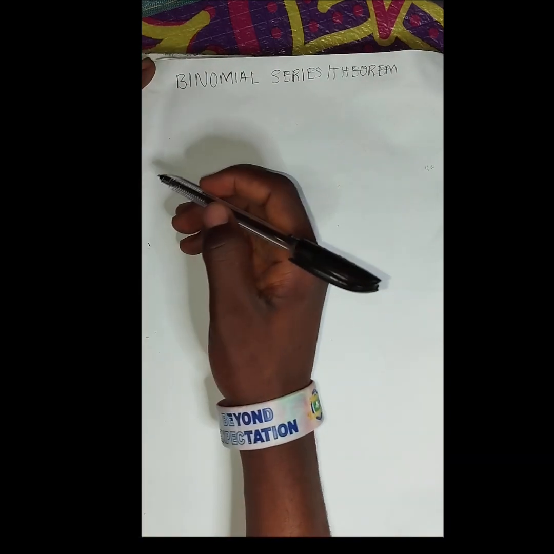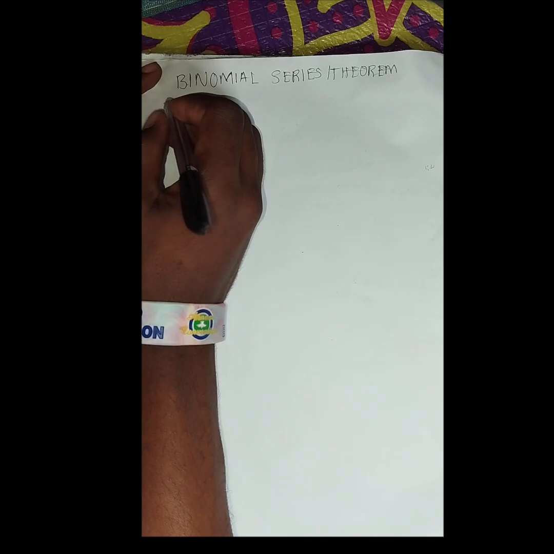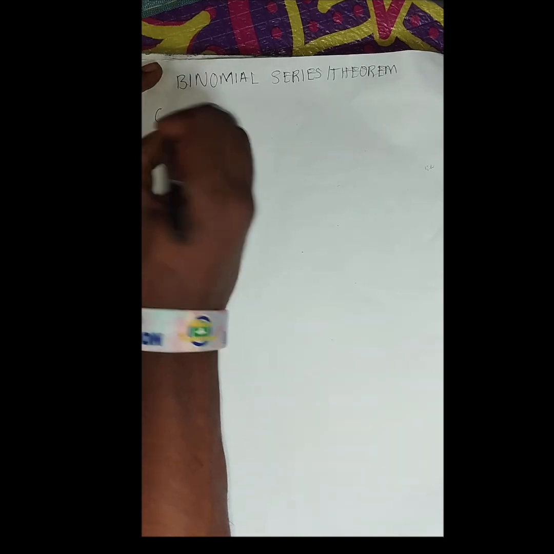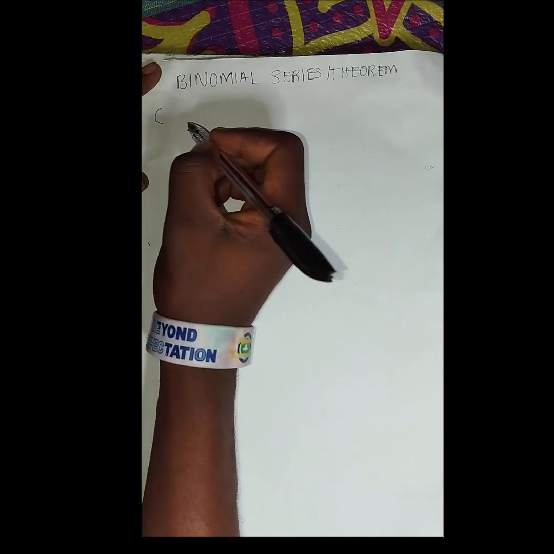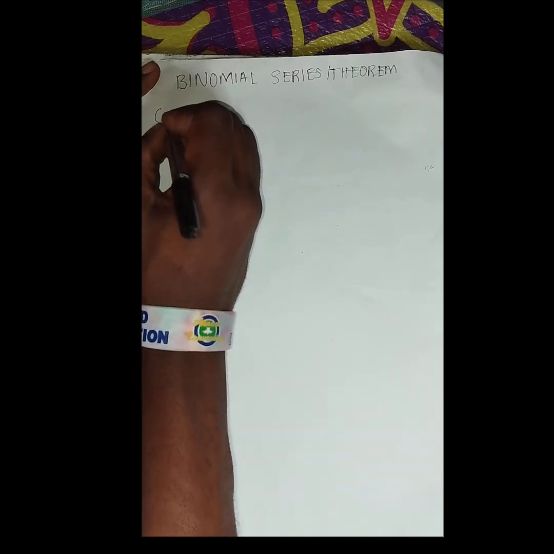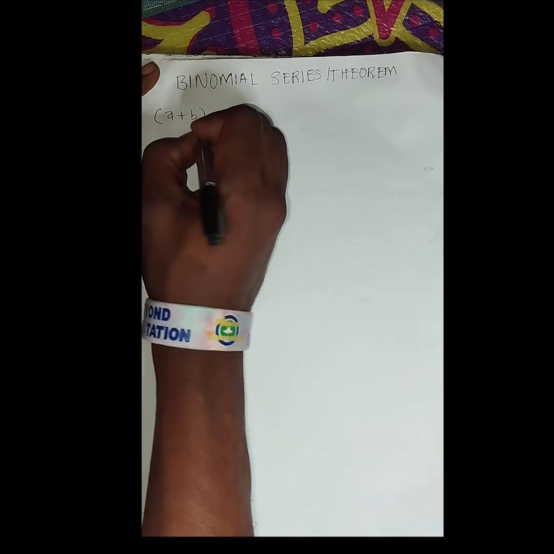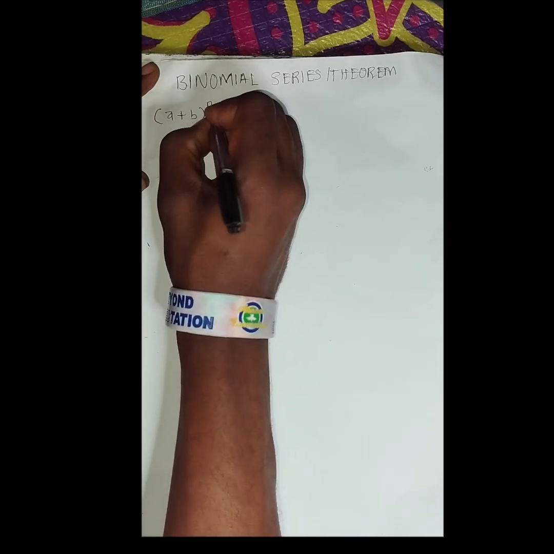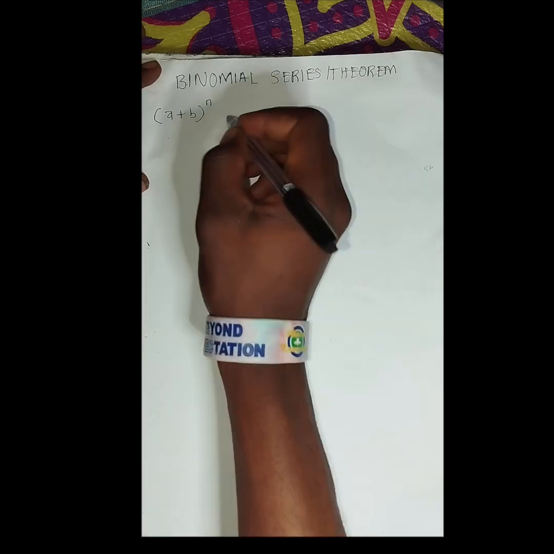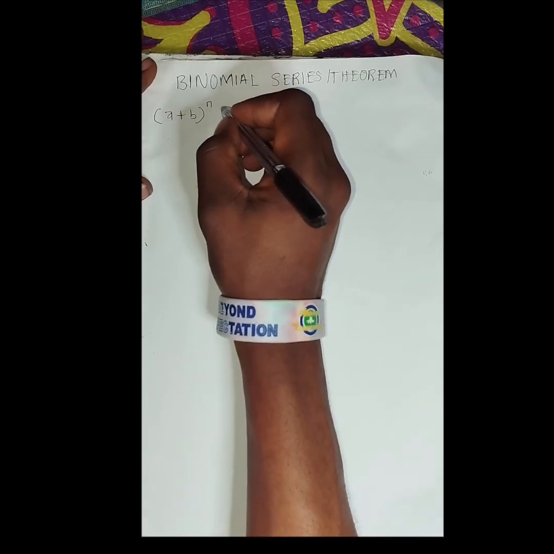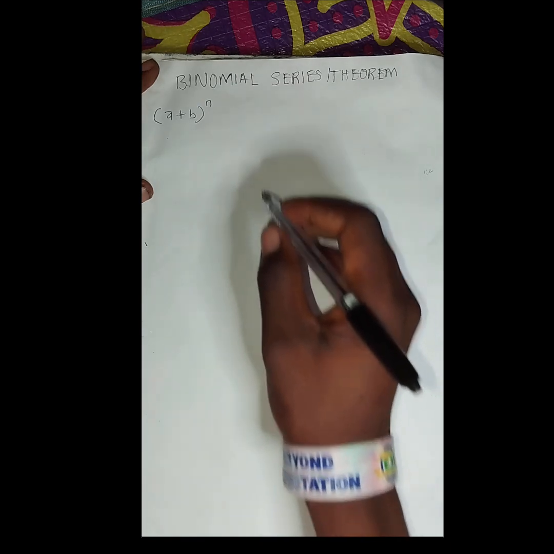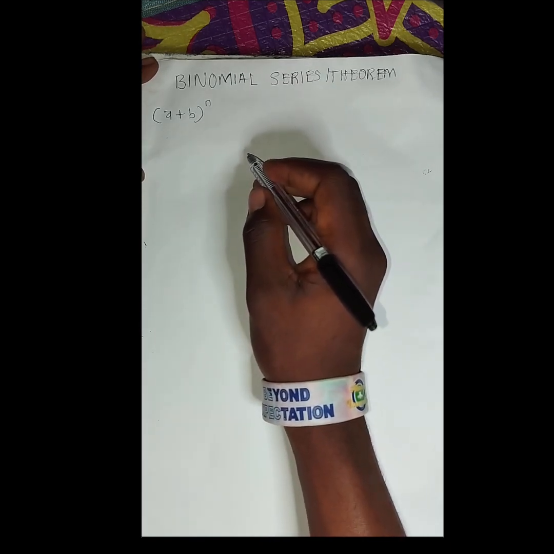Now, binomial series. What does the binomial theorem state? If you are given a binomial expression like (a + b) raised to the power of n, where your n could be a positive integer, a negative integer, or a fraction.